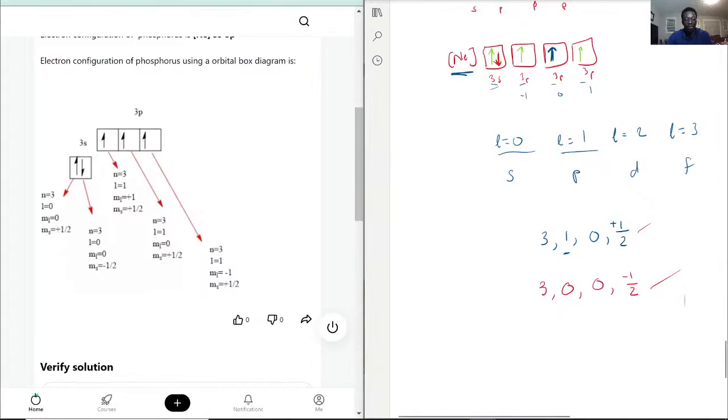Then we have 3, -1, +1/2. Interesting. I guess it doesn't really matter which one, as long as you're keeping track of which one's your positive, which one's negative. But to keep it consistent, I'll just follow them. So this will be +1. This is -1. I guess the pluses always come before the minuses. This is a good rule of thumb.